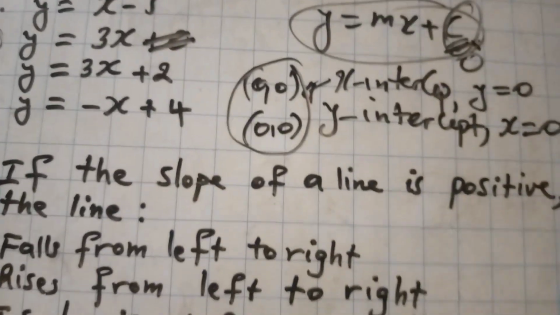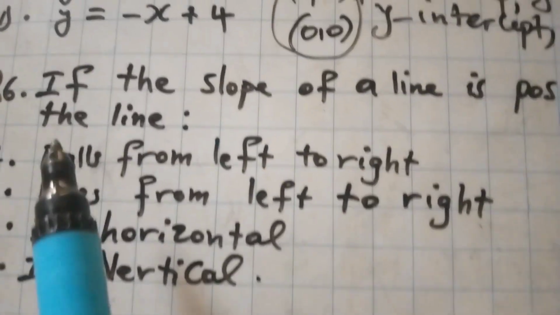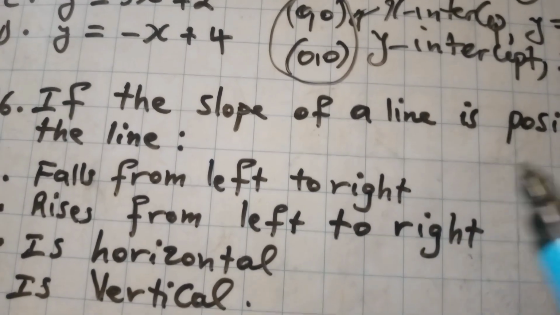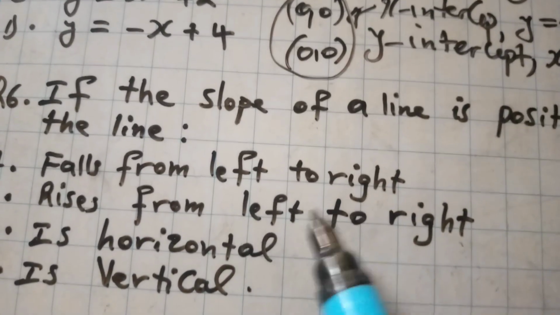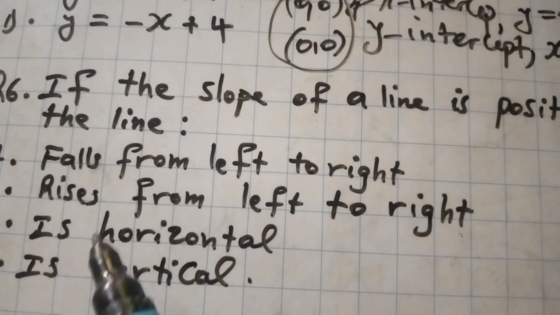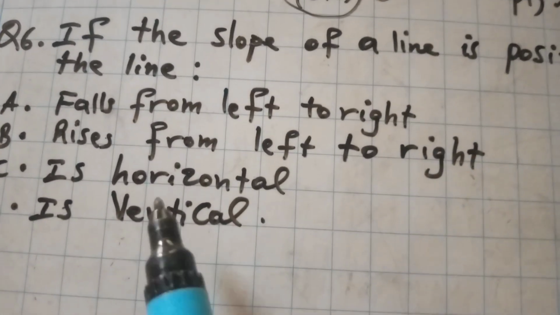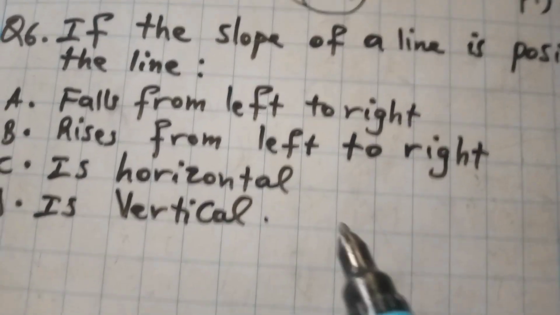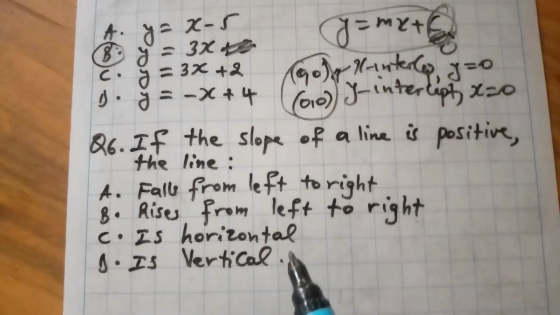Yes. Then number 6, which is the last question of this video: if the slope of a line is positive, does the line fall from left to right, rise from left to right, is it horizontal, or is it vertical? For this question you have to think twice, right?